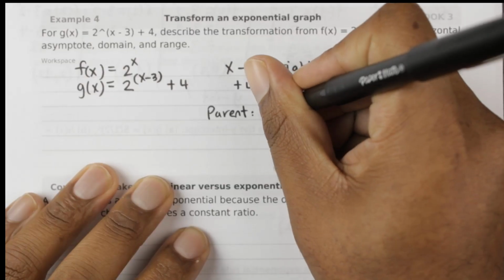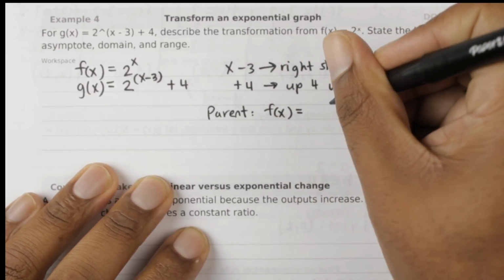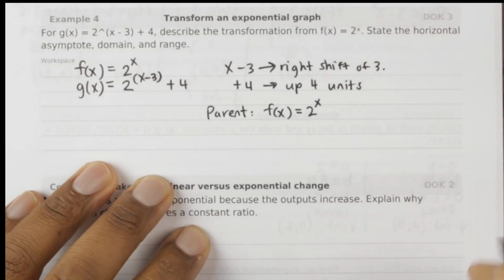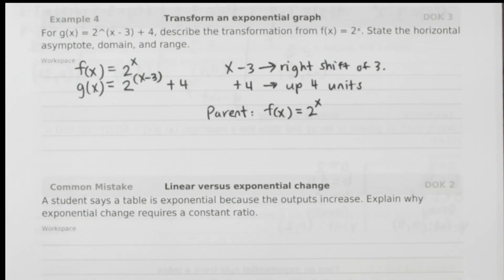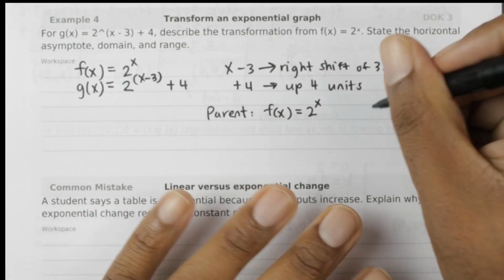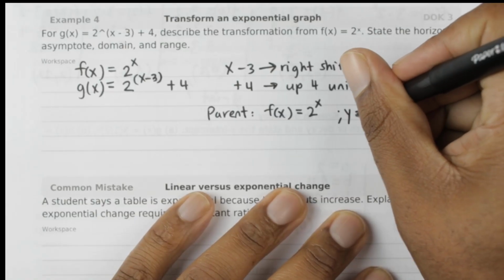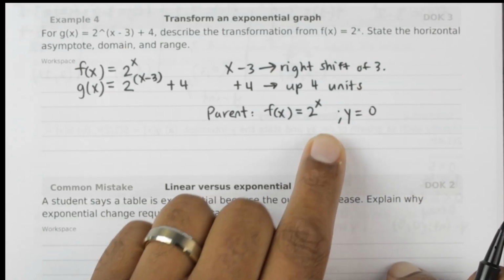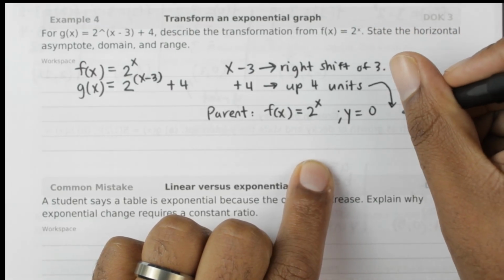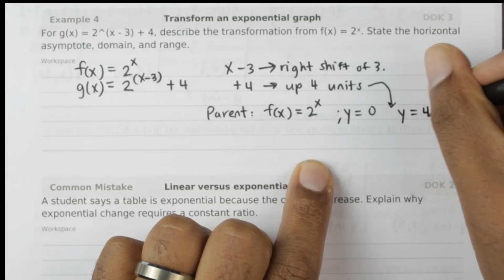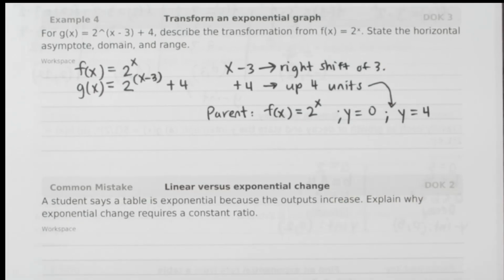Then the parent function is f of x equals 2 to the power of x, right? And that has a horizontal asymptote of y equals 0. After this shift happens, we have an asymptote of y equals 4.